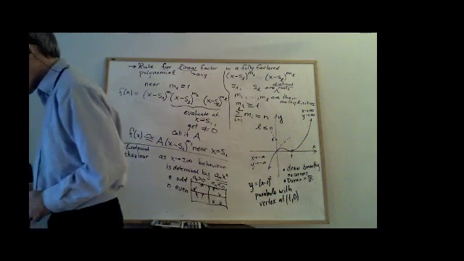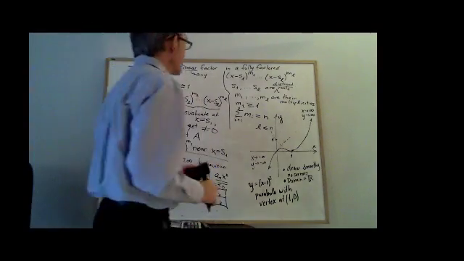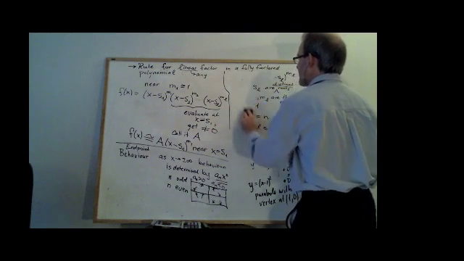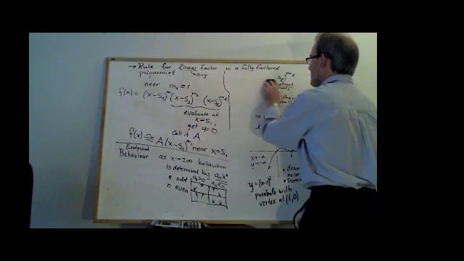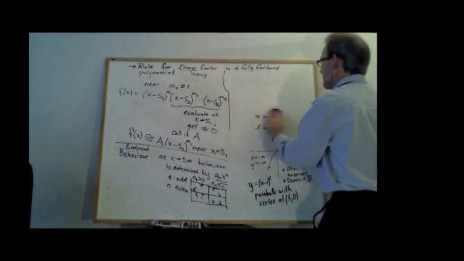Okay, let's look at another case. Now we're going to deal with a case where all three factors are linear. So you have three real roots. It will be a cubic equation, and all the m's will be 1.